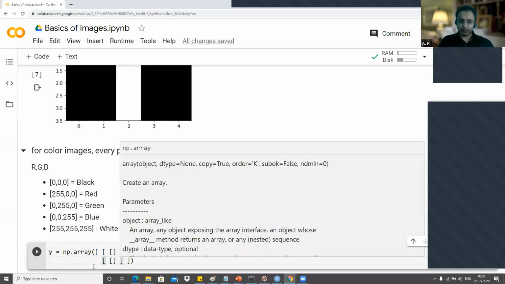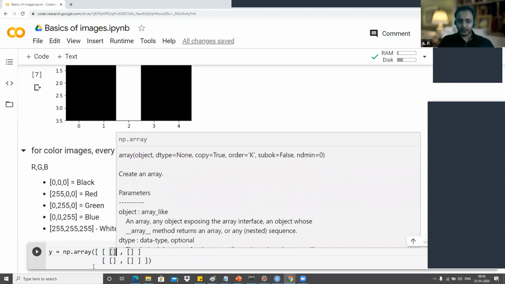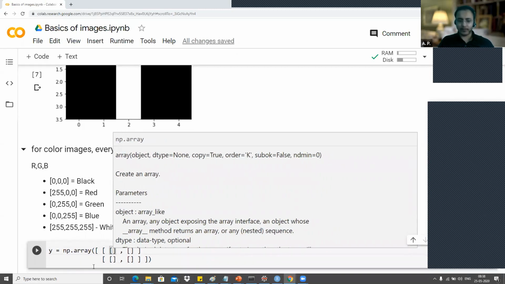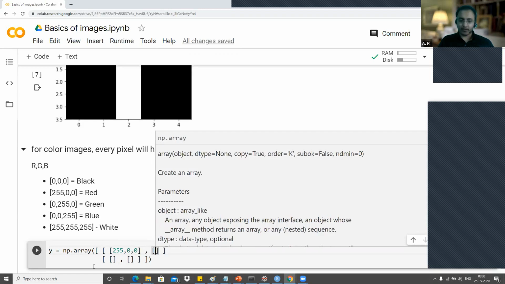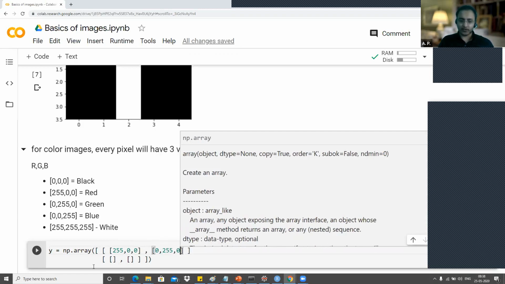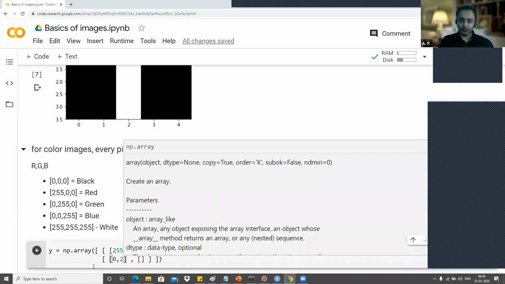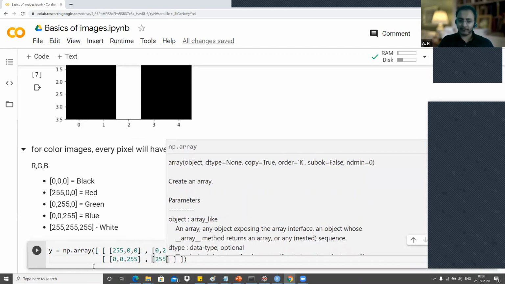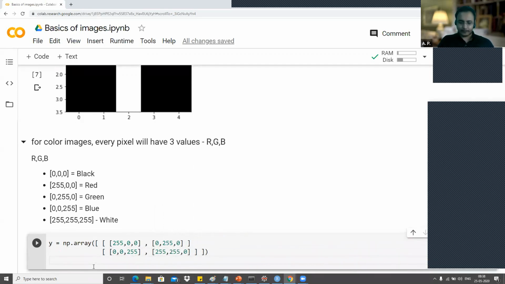Similarly, the first column and the second column. So you can say that it's 2 by 2, right? 2 rows and 2 columns we have. For the first pixel, we'll pass a value, let's say 255, 0, 0. For the second one, we'll pass 0, 255, 0. And for the third one, we can pass 0, 0, 255. And let's say I've passed 255, 255, 0 for the last. Now this is a color image.